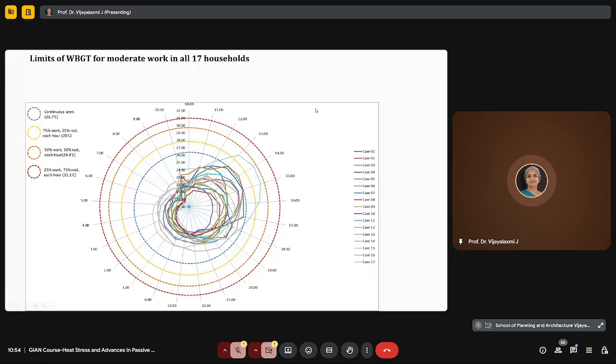That is why I have not gone into the depth of it, but more for the methodology, to understand what combination of wall and roof material would be convenient for the people, so that they get how much percentage of work versus how much percentage of rest during which part of the day. So this is very important, especially when you are dealing with occupational health analysis.